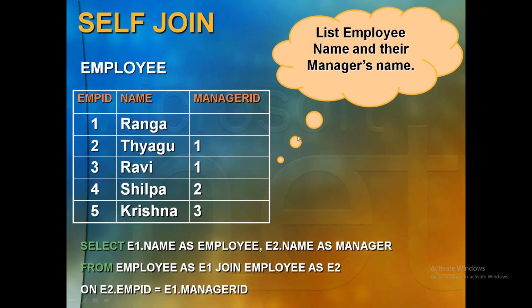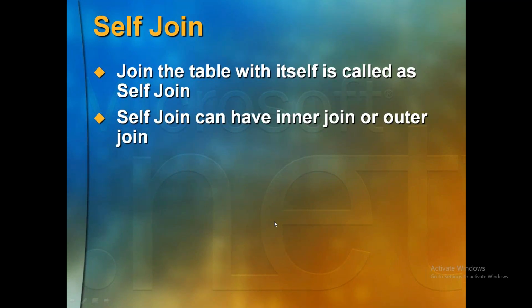This is the query I'm talking about. It is self join. Join the table with itself is called a self join. Self join can have inner join or an outer join. So this is also one more join. Am I clear, guys? So self join means joining the same table with itself. If you wanted to apply inner or outer, that is your choice.